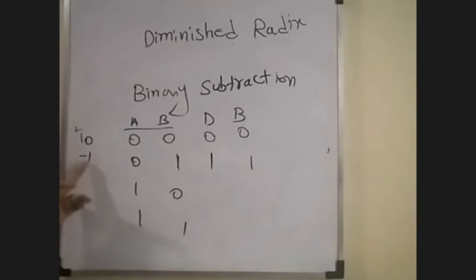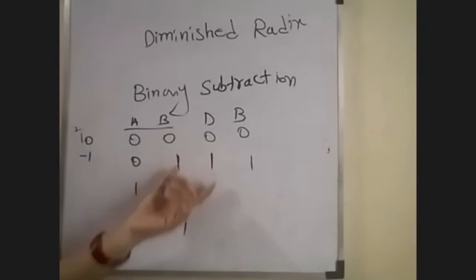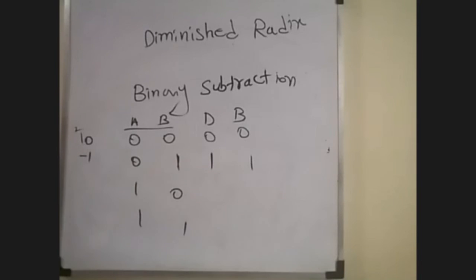So 10 minus 1, we should not write 9. Why? Because it's binary. Binary means the values are in binary form only. So 10 is treated as 2, and 2 minus 1 is 1.